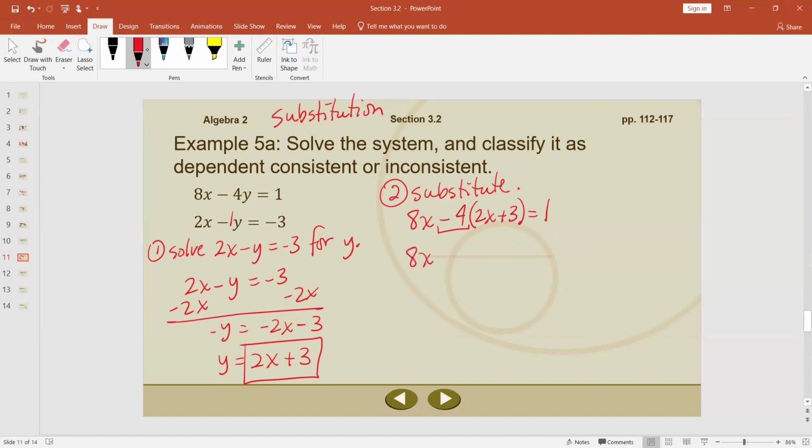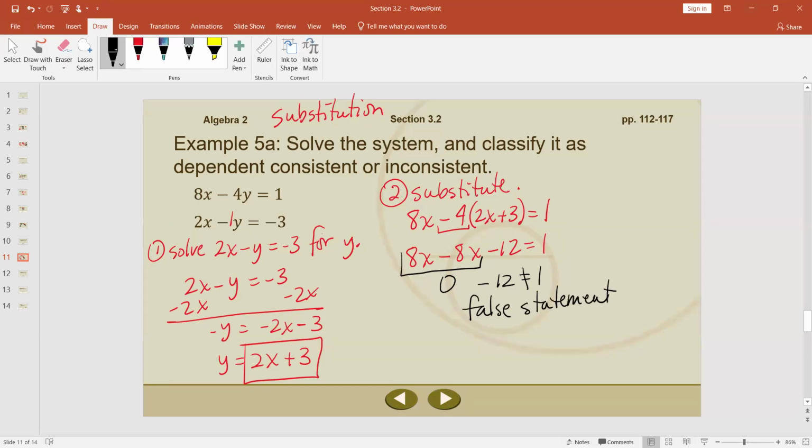So I get 8x minus 8x, and negative 4 times 3 is negative 12, equals 1. Here you see 8x minus 8x is 0. So I end up with negative 12 equals 1. Well, we know negative 12 does not equal 1. So you end up with no variable and you have a false statement.